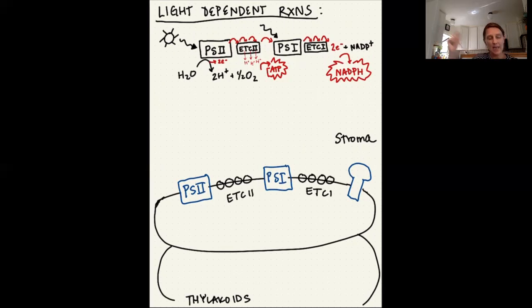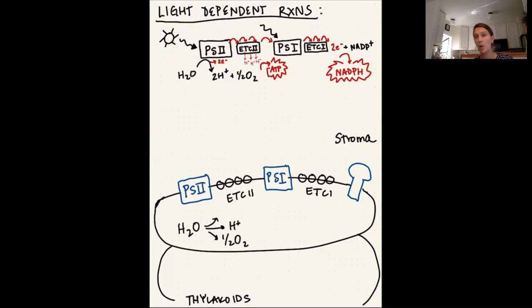All right, so in the thylakoid membranes, what we're going to see is that water gets split, right? And when it gets split, we're going to see some oxygen. We're going to see some protons.